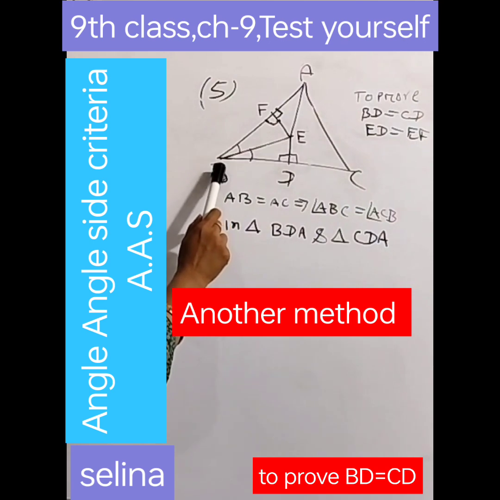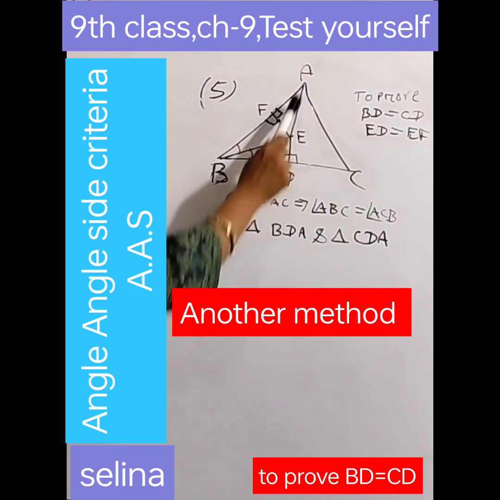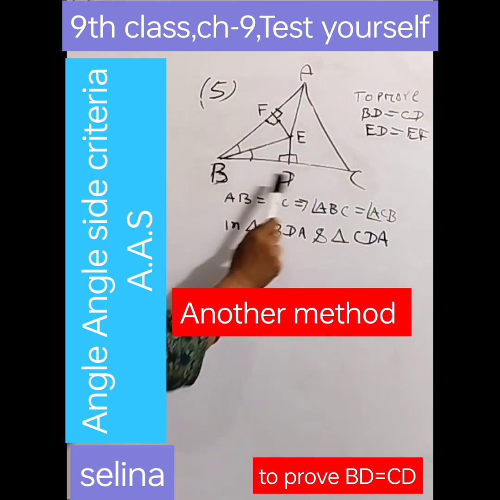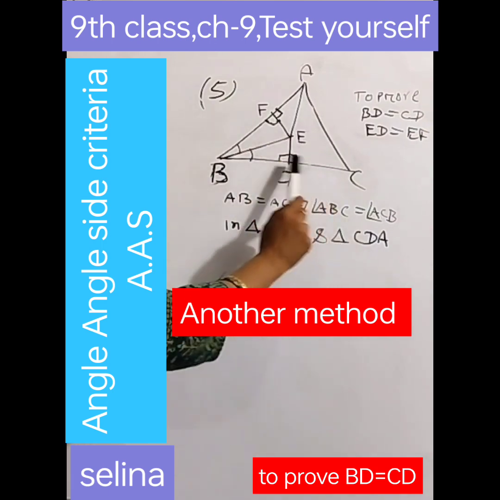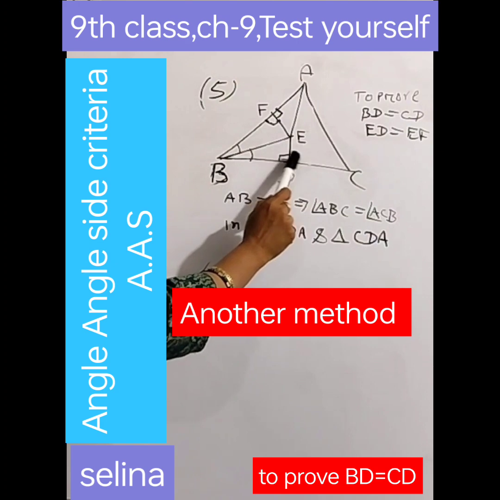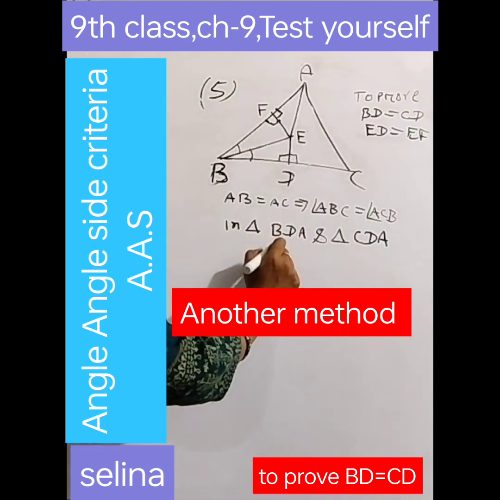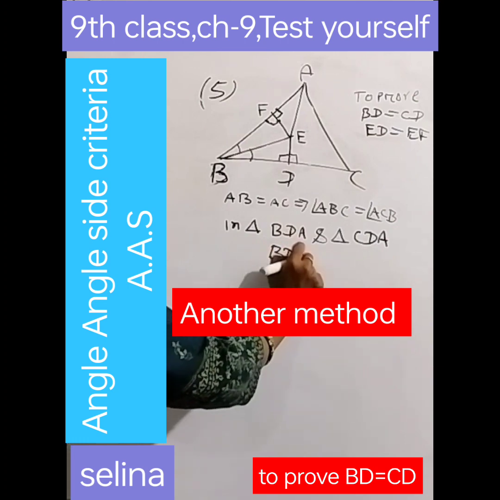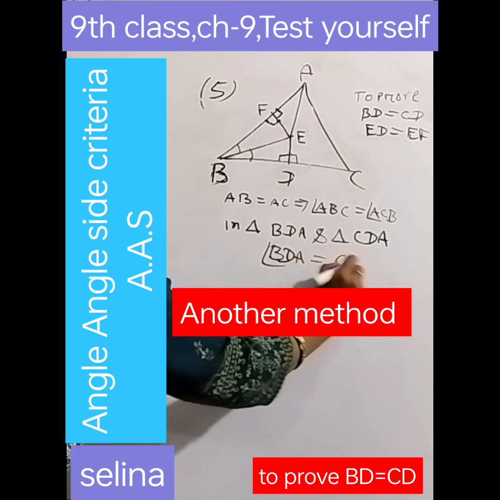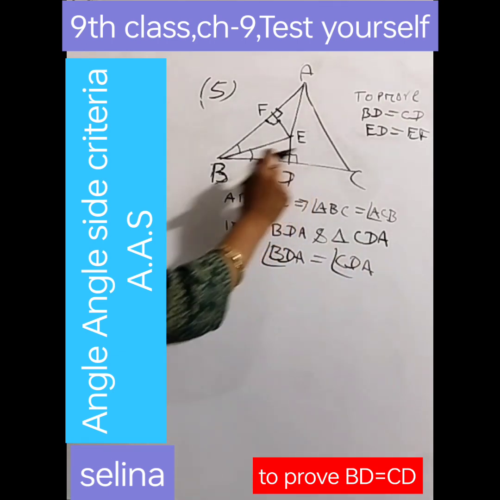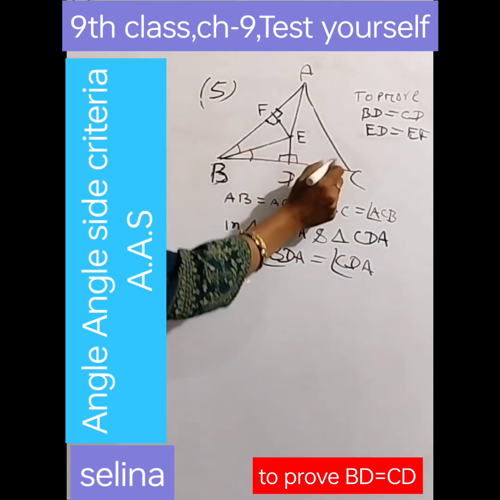So take triangles BDA and CDA. In triangles BDA and CDA, these two angles are equal, that is angle BDA equals angle CDA.